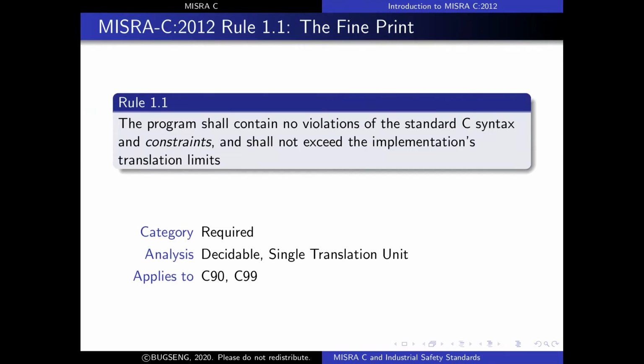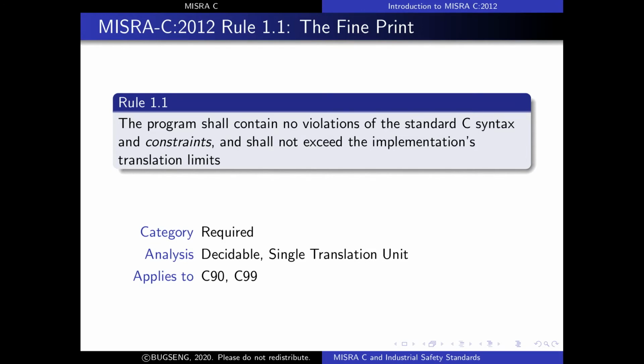So let me present you just a few examples of MISRA guidelines. Let's start with rule 1.1. It is required, so if you want to deviate from it, you have to do so formally. And it's decidable, it's single translation unit, and it applies to all versions of the language.